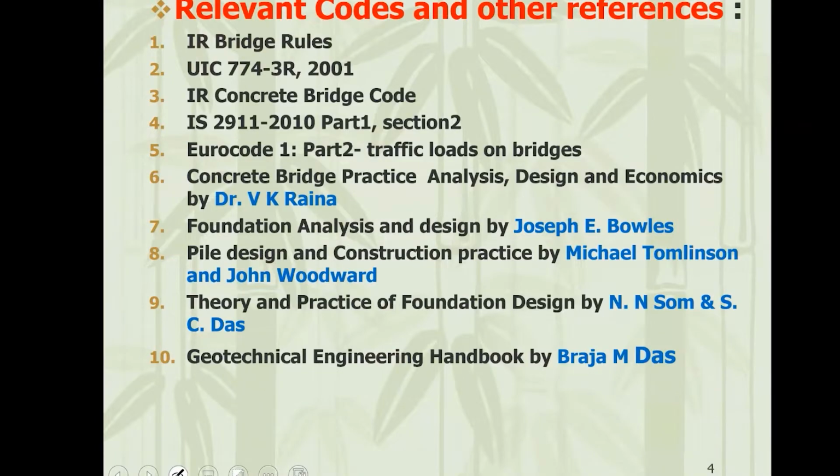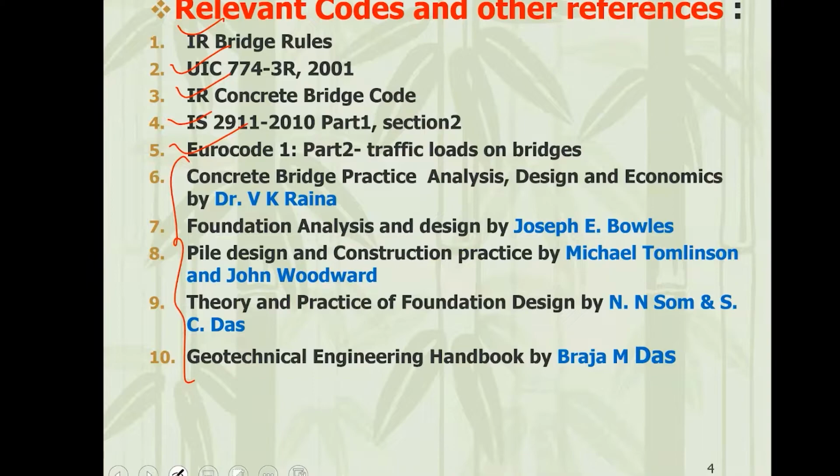Among relevant codes and other references, there is the bridge rule, UIC code, IRS concrete bridge code, IS 2911 for pile foundations, Euro code, and then some books. These are reference books because at some places these books have been referred.